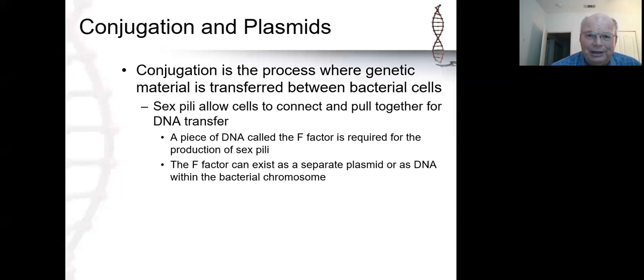This is referred to as a sex pilus. So here you can see why I say this is probably as close as you can get to bacterial sex, because we actually use the term sex pilus to refer to this physical connection.